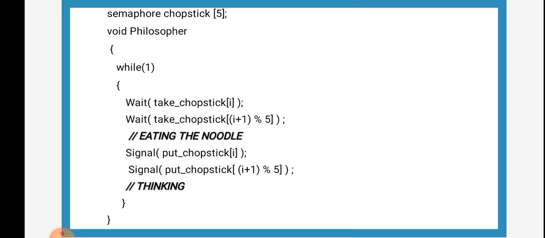So F1, the left one, we keep first, and similarly F2 we keep. Once these statements are executed, he goes back to the thinking process. This is the common process. Clear? So when is the difficulty going to arise here?